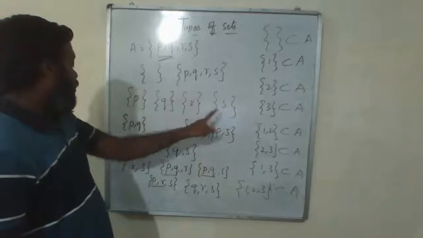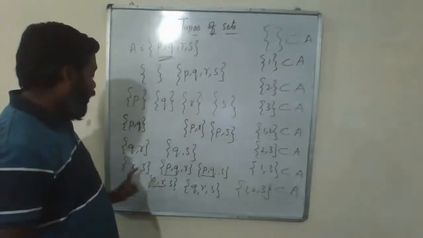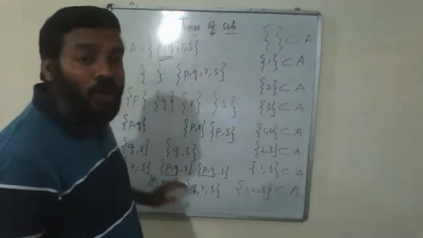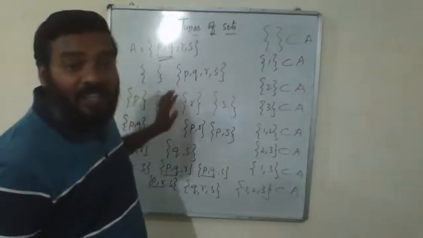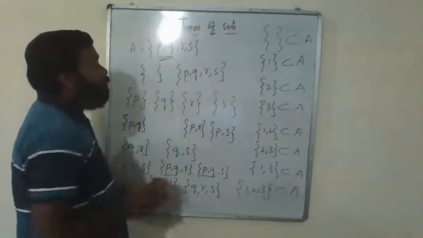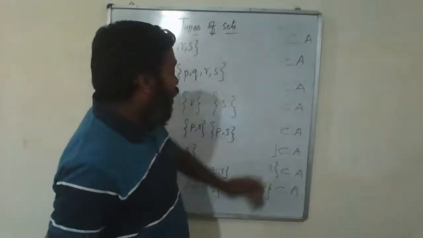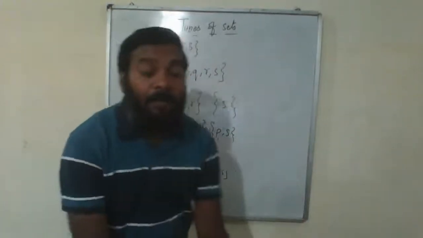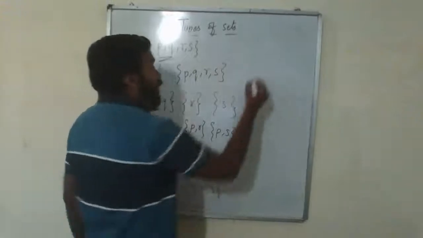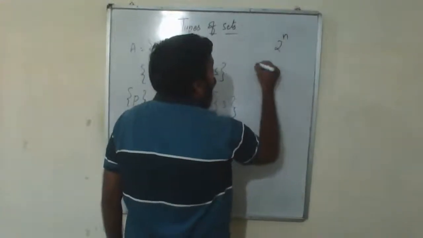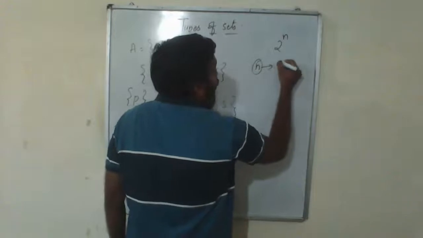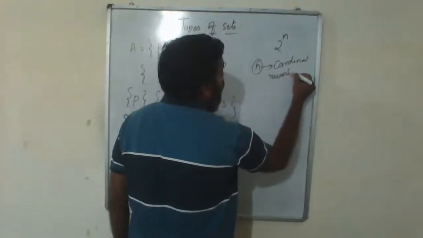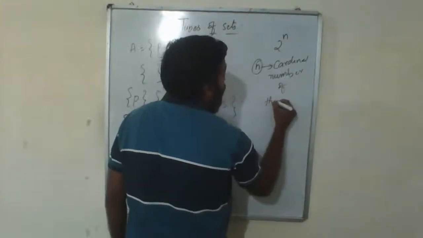Counting 1, 2, 3, 4, 5, 6, 7, 8, 9, 10, 11, 12, 13, 14, 15, 16, so we have got 16 subsets. How can we determine the number of subsets of a set? The number of subsets of any set is 2 power n, where n is the cardinal number of the set.